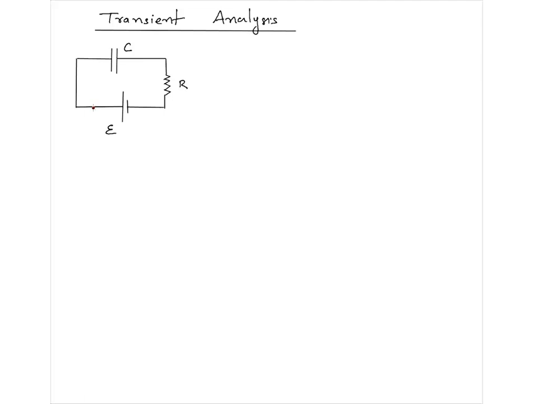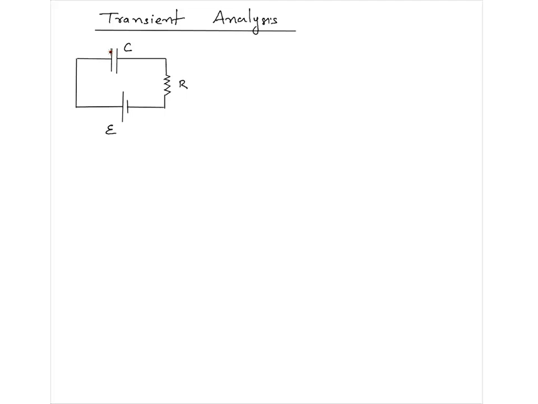Whatever we have been doing till now is mostly or almost completely a steady state type of situation. But now we are going to see when the charging is going on, when the build-up of charges is going on, that is the transient analysis.